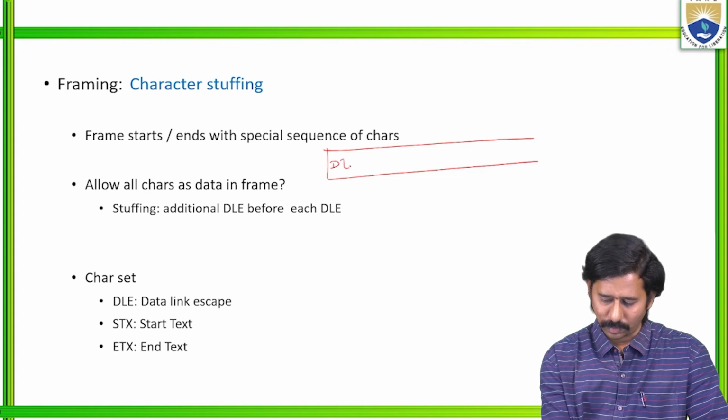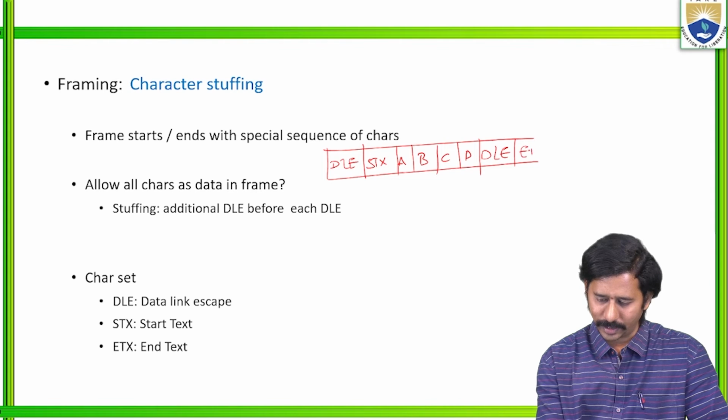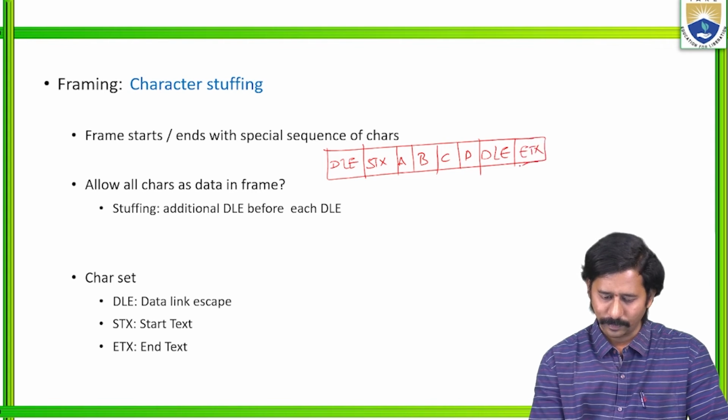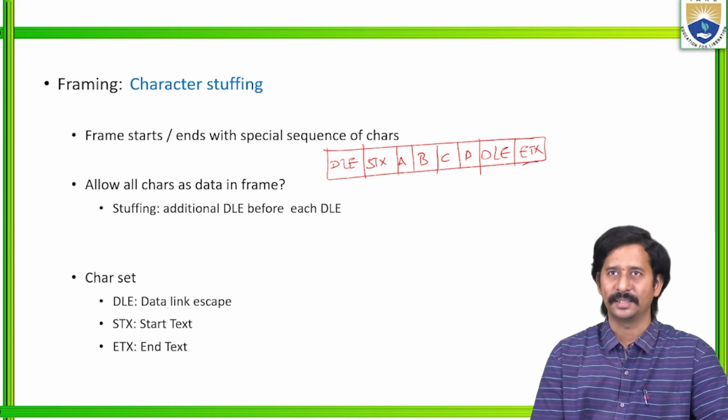I need to represent DLE STX at the start, then the characters A, B, C, D, then DLE ETX. So the frame starts or ends with a special sequence of characters.